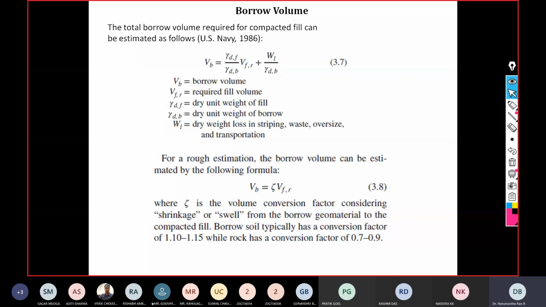Now, as a rough estimation, if your fill volume is 1, then the borrow volume is about 1.1 to 1.4 for some soils, and for others it is 0.7 to 1.